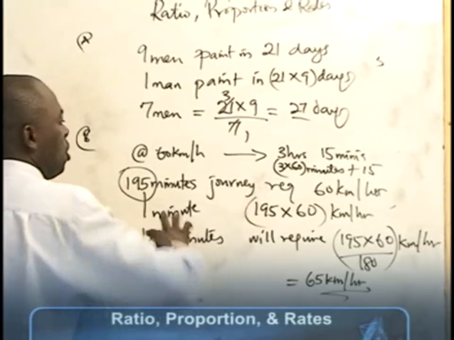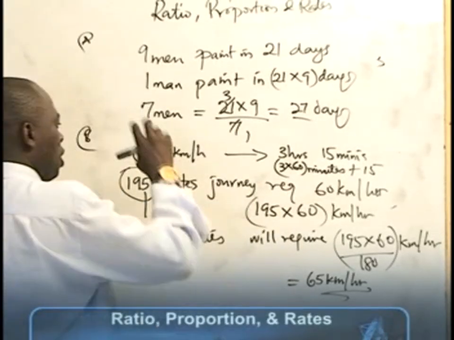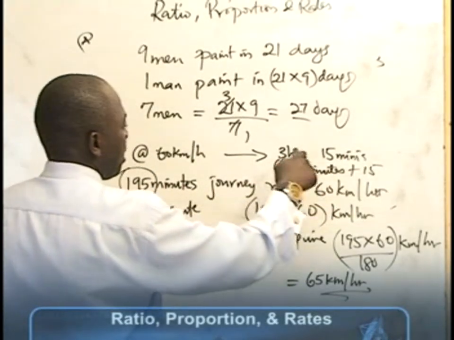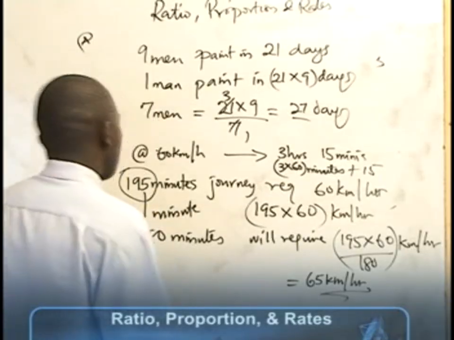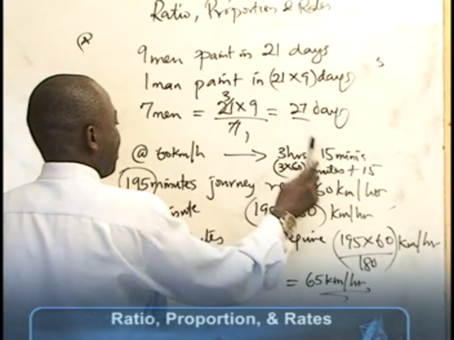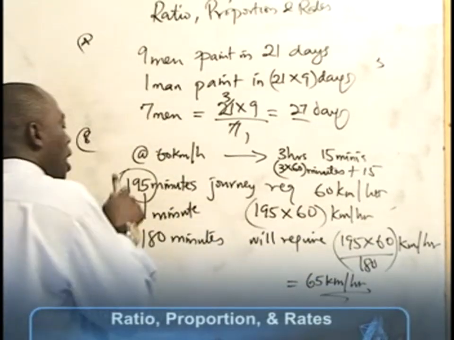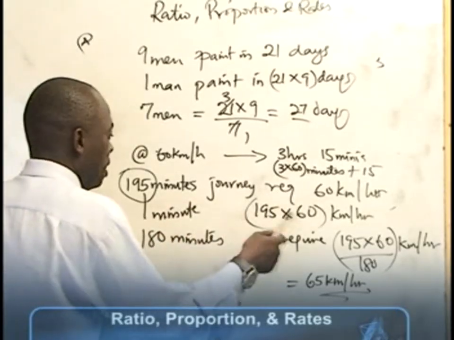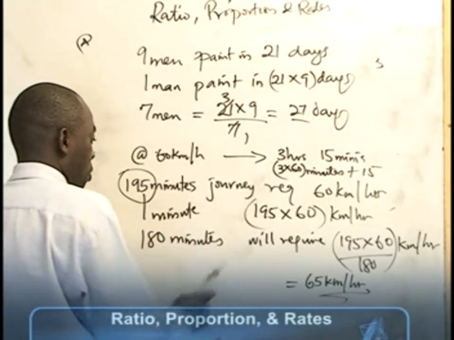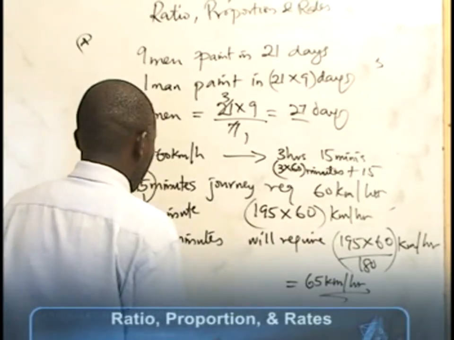What we did was to rearrange it. We said 195 minutes of journey requires 60 kilometers per hour. What speed does someone need to travel that same journey in 1 minute? It will be 195 times 60 kilometers per hour.